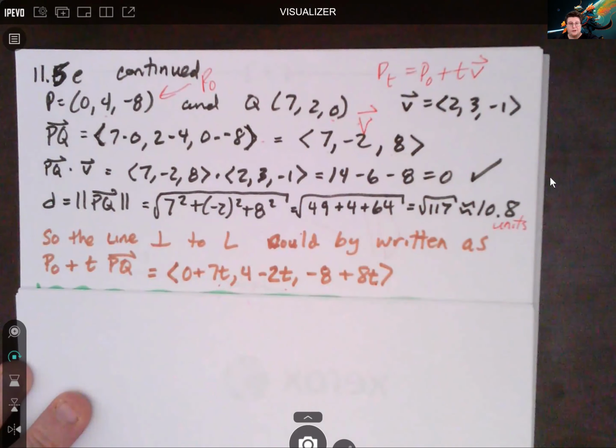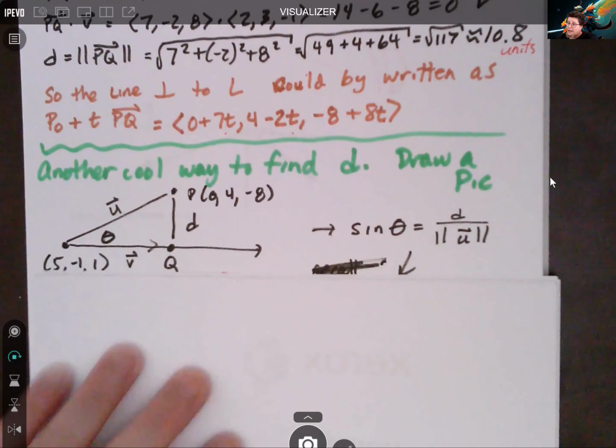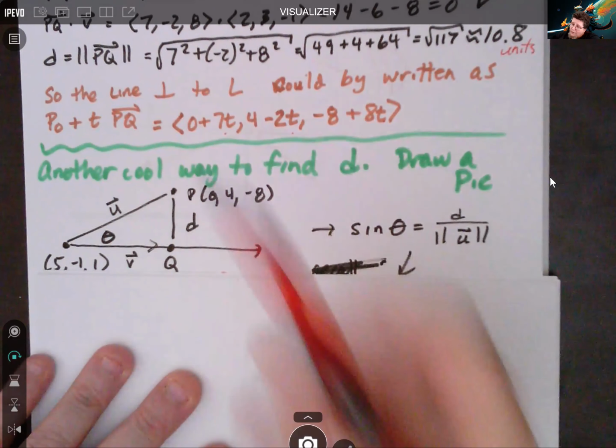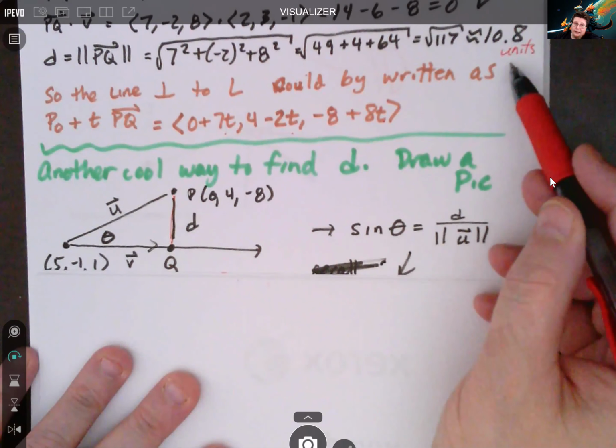And we'll use the 5, -1, 1 as one of the starting points. That was from our initial line L. Where is it? L had 5, -1, 1. We're going to use that as our starting point. So we're looking for that distance D there. We already calculated it is about 10.8.